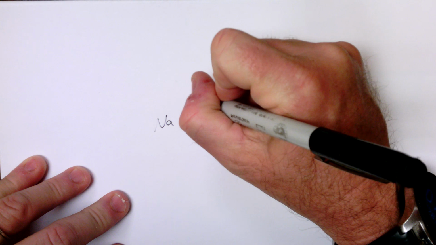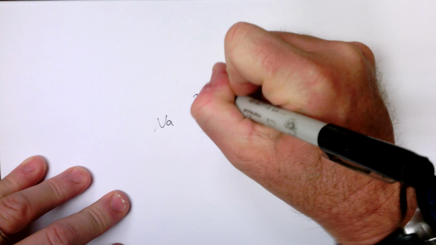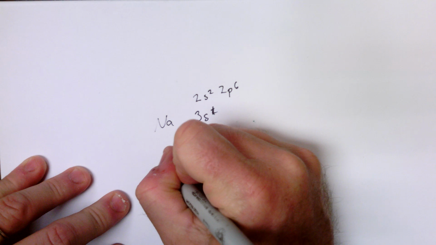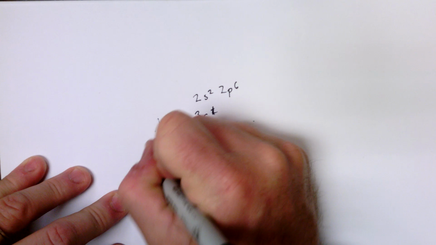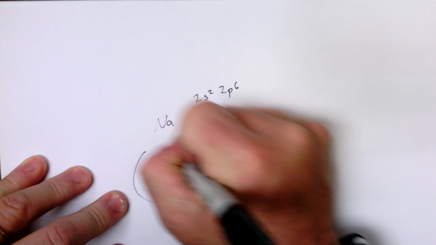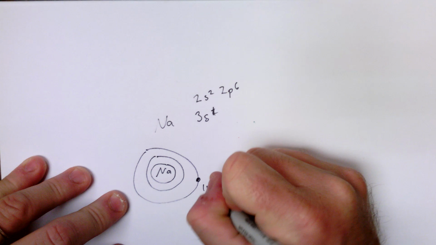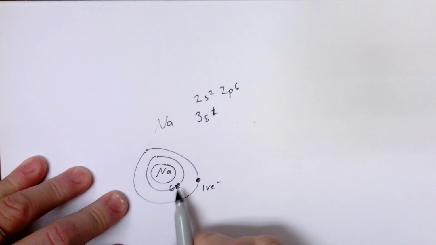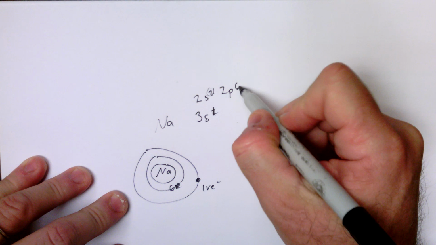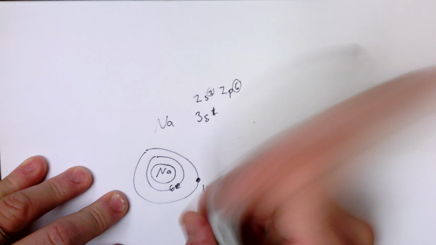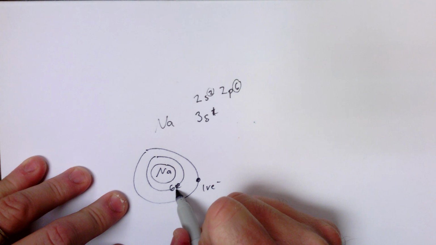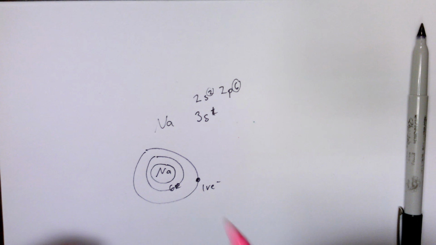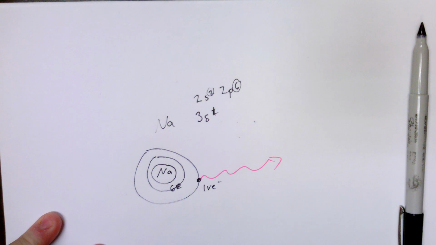But in the previous energy level for sodium, so here we got sodium with its first energy level, second energy level, third energy level, has 1 valence electron. In the second energy level, sodium's got 6 electrons in here. So think about it this way. Sodium lets this electron go.